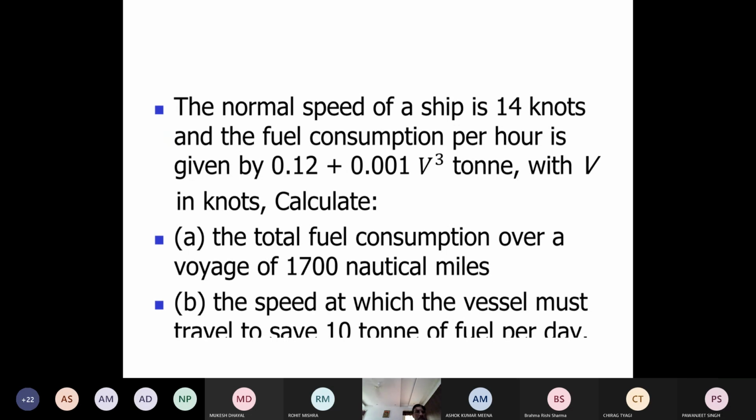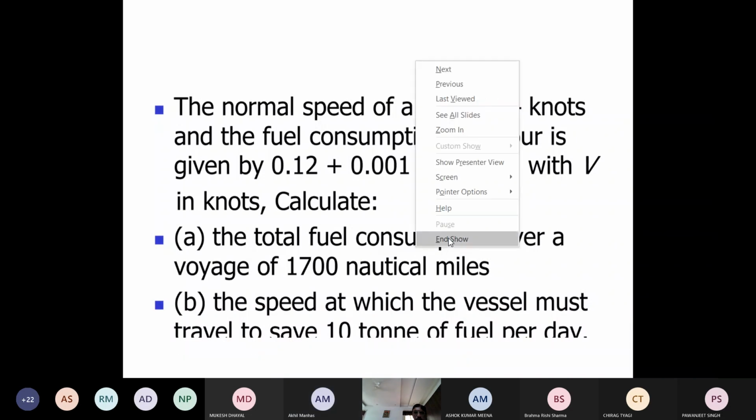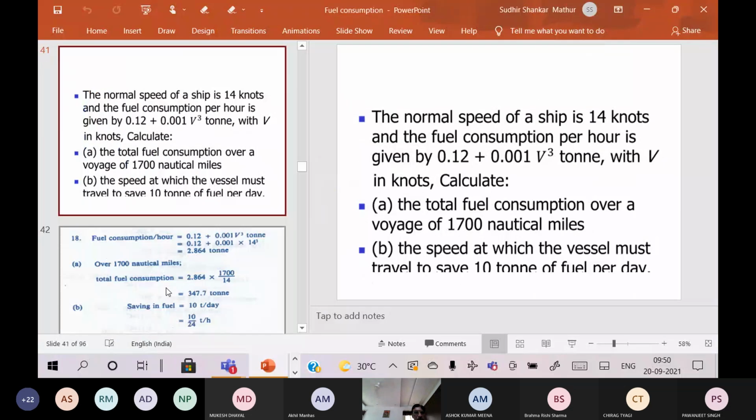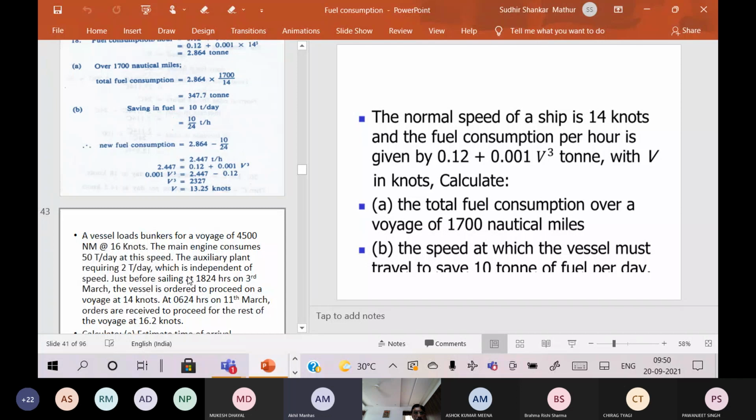Sir, the answer for part A is 347.2 and 177, and for the second part 13.7, 12.9. Okay, first part is the total fuel consumed. What did you get for the first part? 347.7 and for the second 12.94, sir, speed.